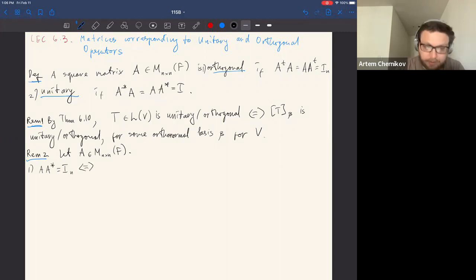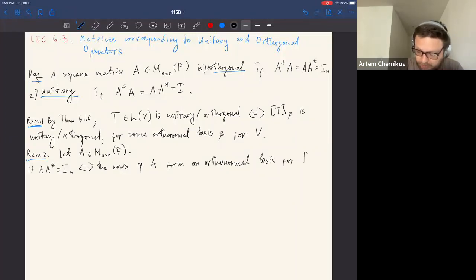Okay, this is equivalent to saying that the rows of the matrix A form an orthonormal basis for the space F^n, okay?